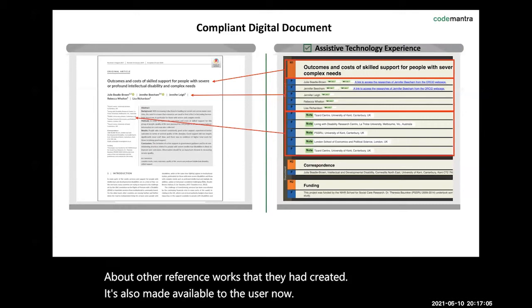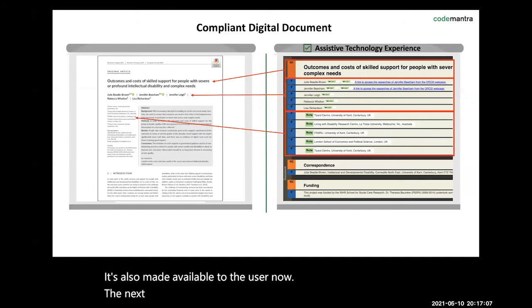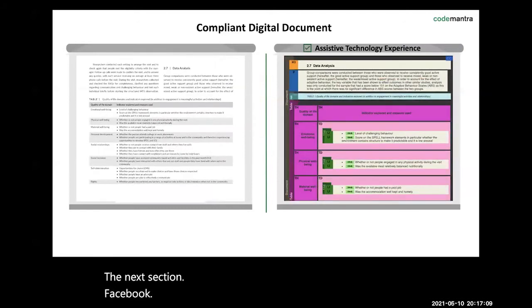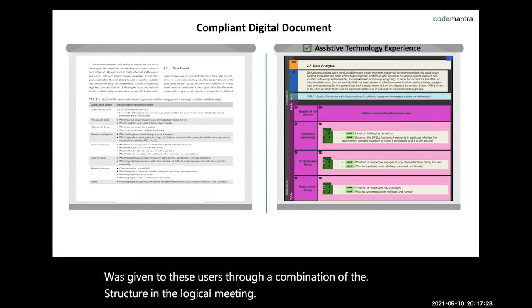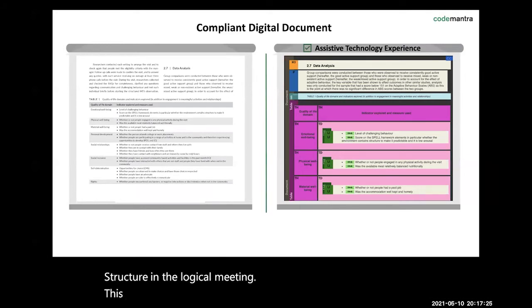The next section: all of that logical reading order that we can see visually was given to these users through a combination of the structure and the logical reading. This example of the table is a very, very different experience.